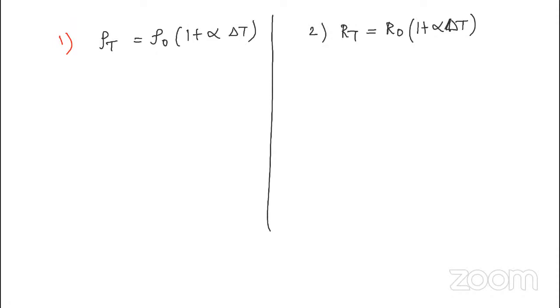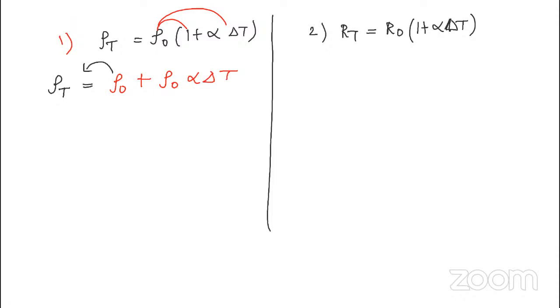Okay, so rho T is equal to, we just multiply this term by rho naught: rho naught plus rho naught into alpha into delta T. Then for the next step, bring rho naught to the left side.